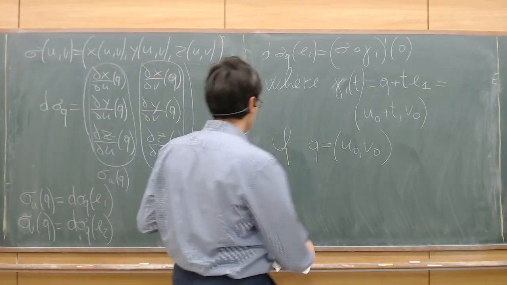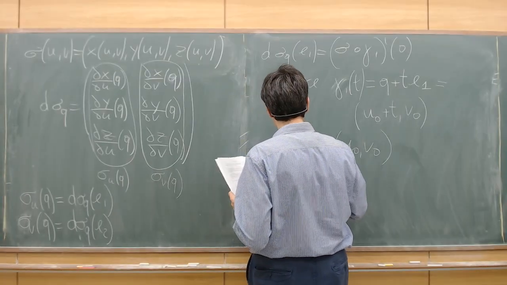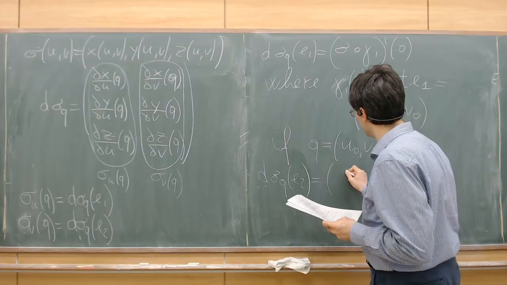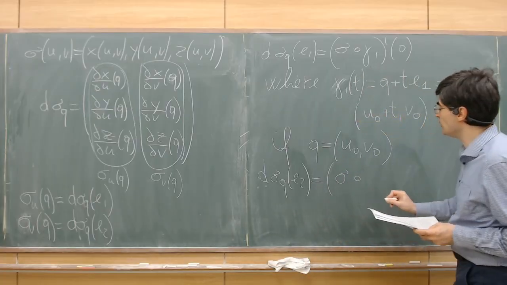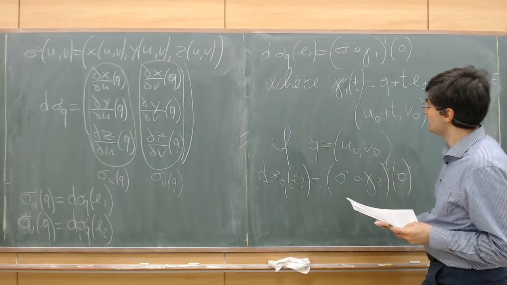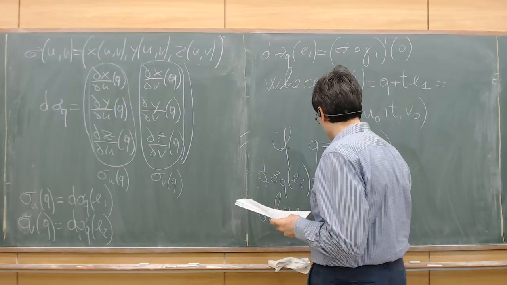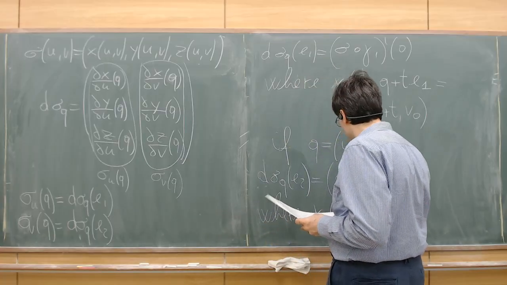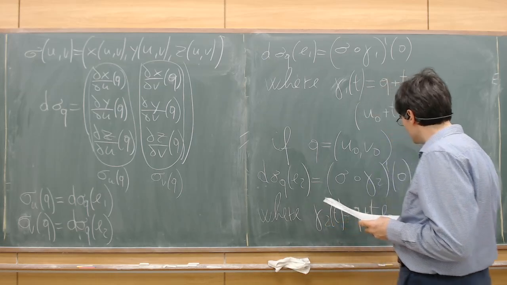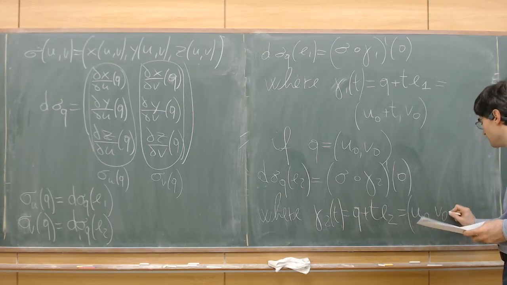In the same way, d sigma q e2 is the directional derivative that we can compute by the formula: the derivative of sigma composed with gamma 2 at 0, where gamma 2 of t is q plus t e2, which can be written as u0 comma v0 plus t.